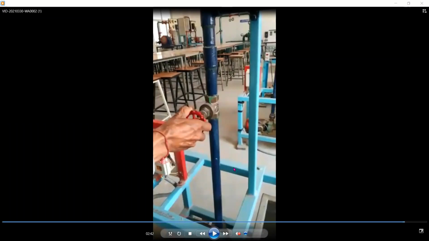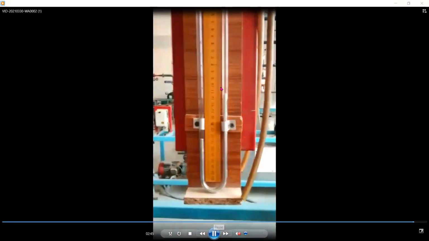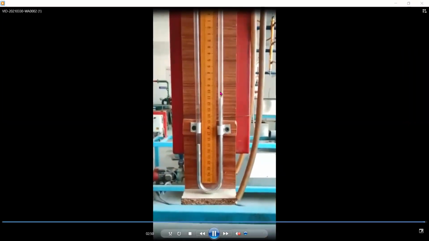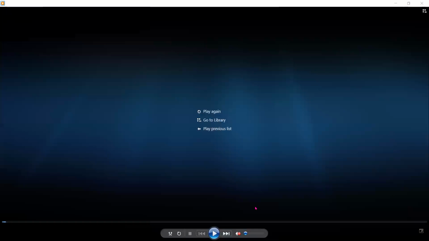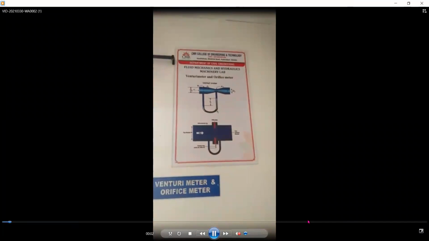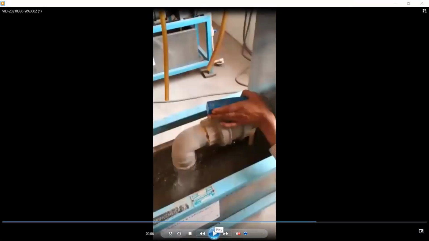Similarly, you have to regulate your valve again to get the second reading. Increase this by 1 centimeter. Already you have 11 here, so slightly regulate the valve and you'll get your second reading of H1 and H2.